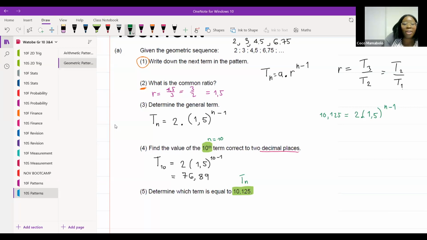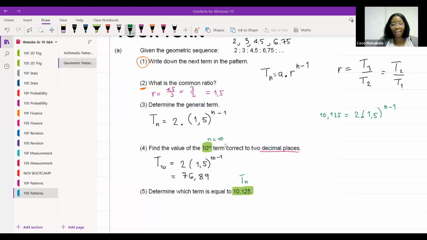Now, if I want to solve for this, if anybody would like to put their hand up and help me, I'm happy for you to do that. But if not, you can interact with me in the chat. I want to solve for n. What is the first thing I'm going to get rid of? What am I going to do first in order to solve for n?